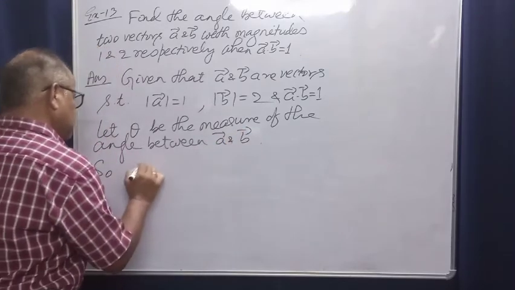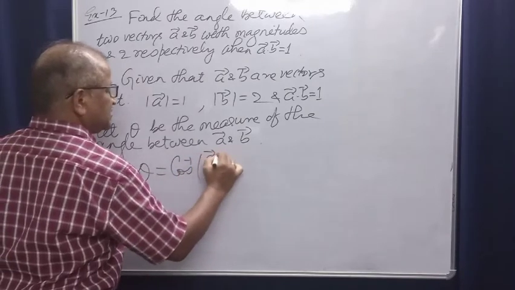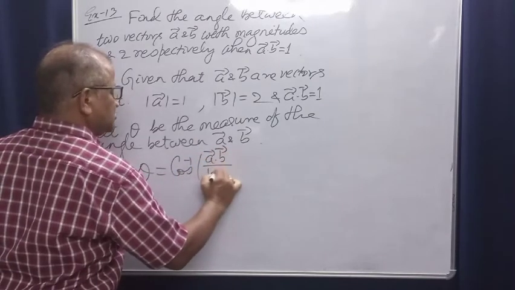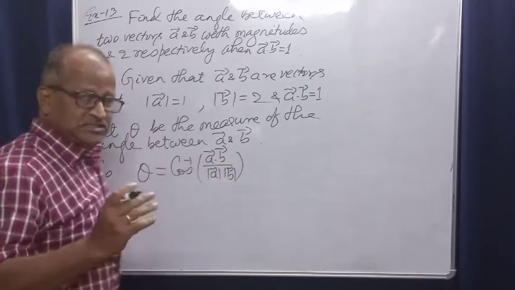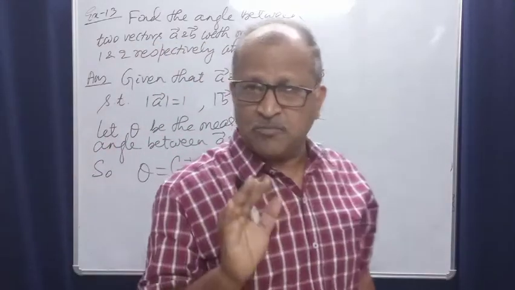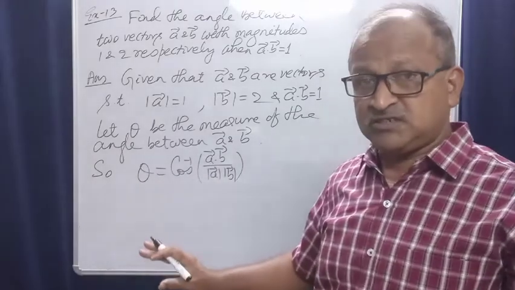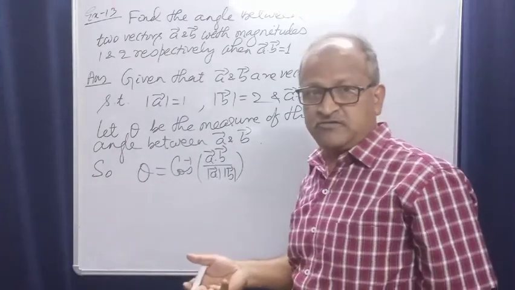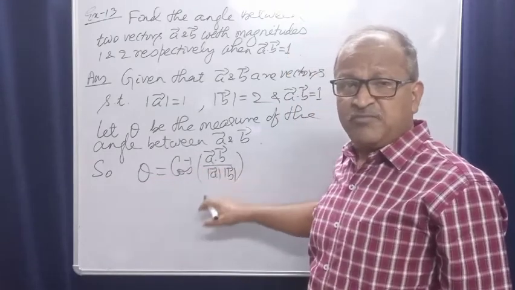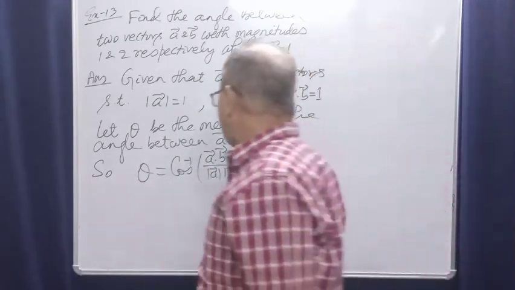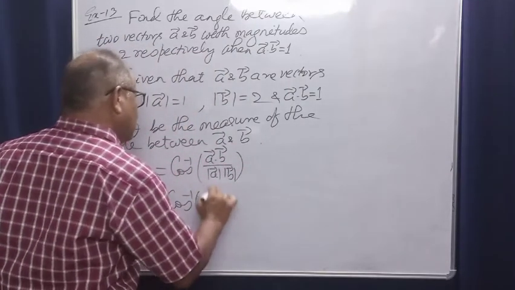So theta is equal to cos inverse of a dot b by magnitude of a into magnitude of b. This is the formula. While you are solving problems, always try to write the formula at first, so that it will be in your mind.